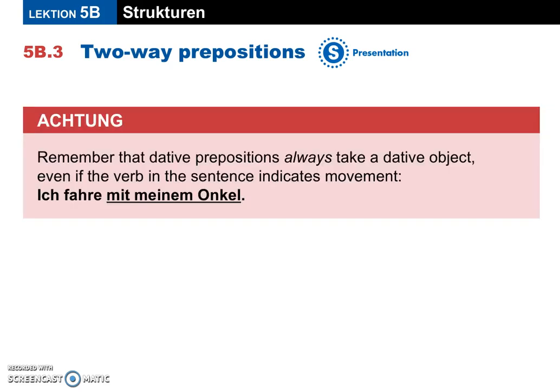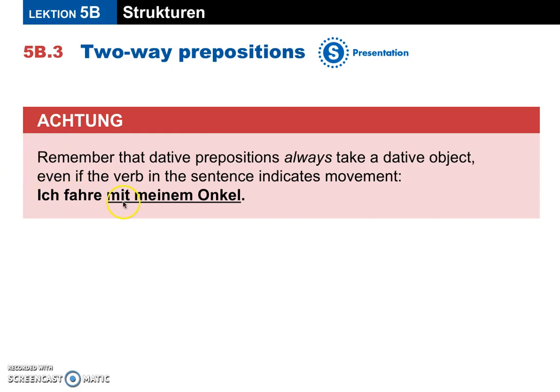So you use accusative. Remember that dative prepositions always take a dative object, even if movement is expressed. It's only the two-way prepositions that can take either dative or accusative.